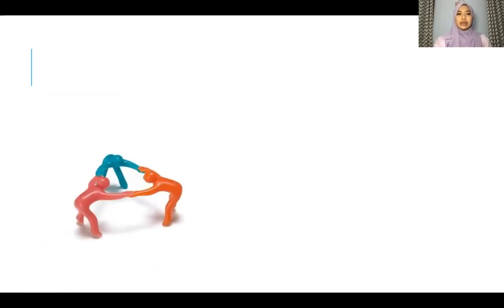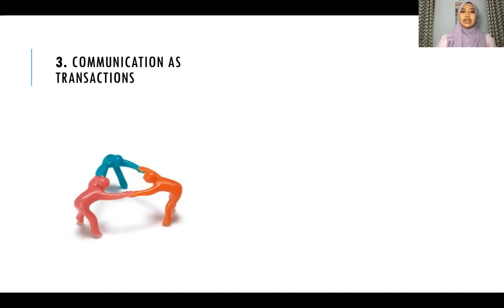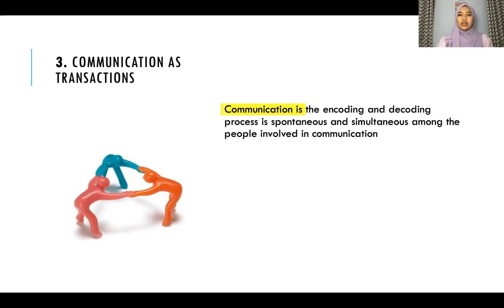And the last is communication as transaction. It is not about selling or buying. In this conceptualization, communication is the encoding and decoding process. Encoding means how the message is sent to the receiver, and decoding is how the receiver gives meaning to the message sent by the communicator.